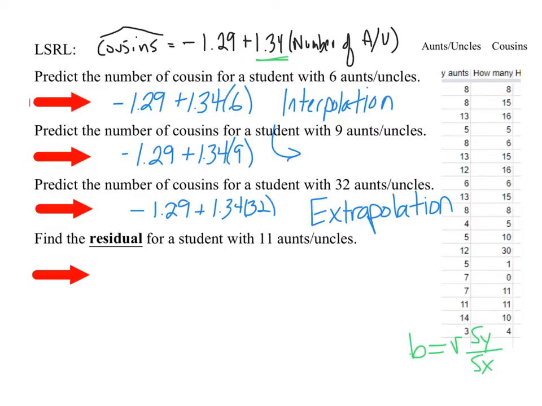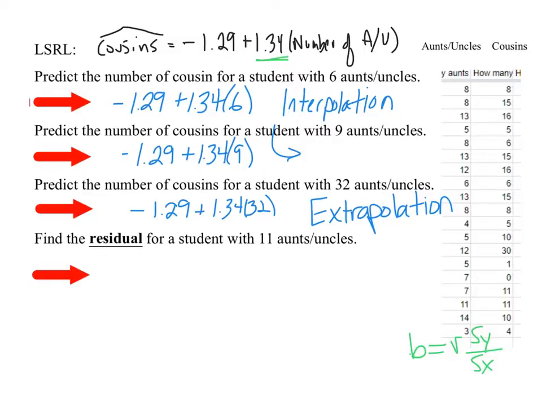And I bring that up because the simple algebra step here, once you answer a bunch of questions like this, would be, well, okay, what if I told you how many cousins someone had? Could you tell me how many aunts and uncles they're predicted to have? And the answer is you could do that, but you would need to calculate a new line. If you're going to flip this problem to say, hey, if you have 10 cousins, how many aunts and uncles?